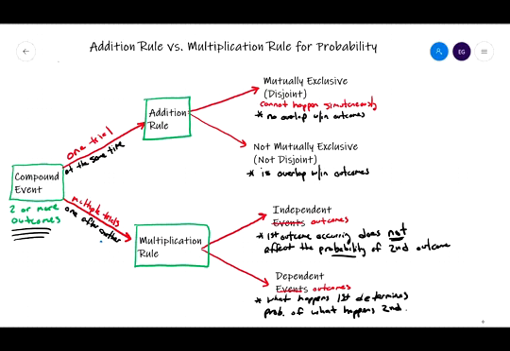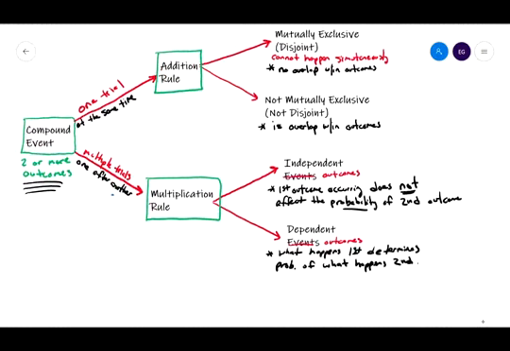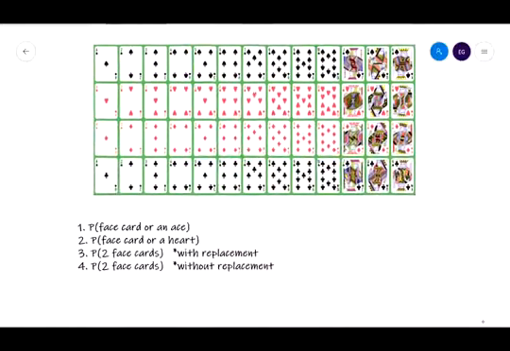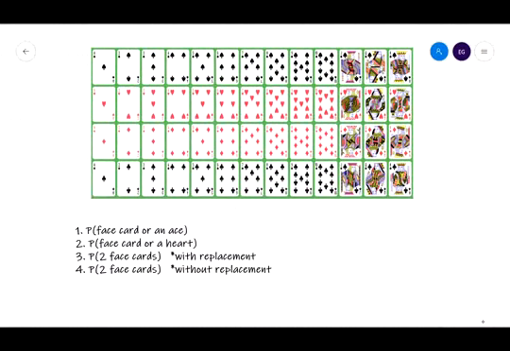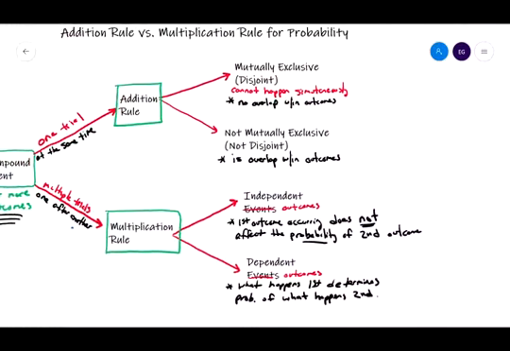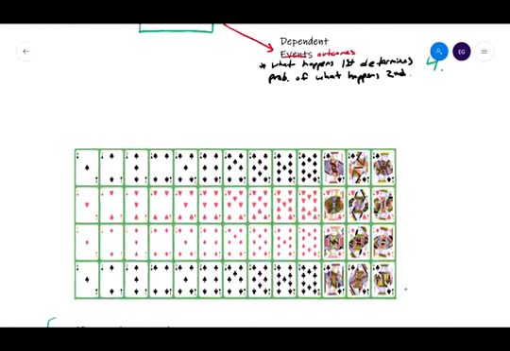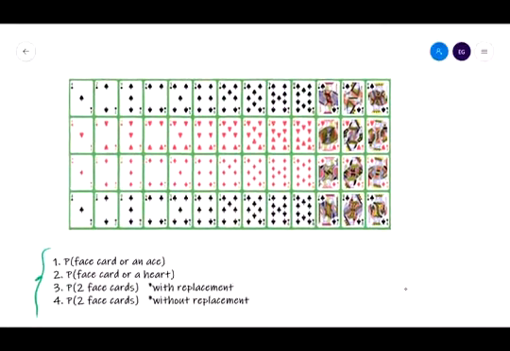Okay, so let's scroll down here. I've got a couple of examples, and I'm going to use a deck of cards. I have 4 examples down here, in order, one for each of these 4 scenarios up top: addition rule with disjoint, addition rule with not disjoint, multiplication rule independent, and multiplication rule dependent.